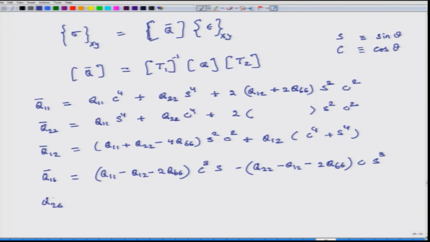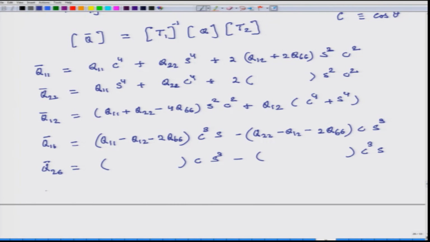And Q26 bar equals the same thing, but it is cosine theta sin cube theta minus the same terms in this bracket, times cosine cube theta sin theta.